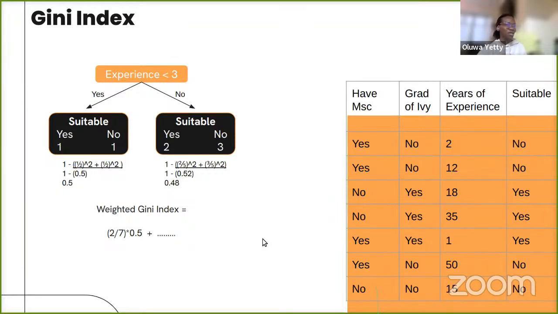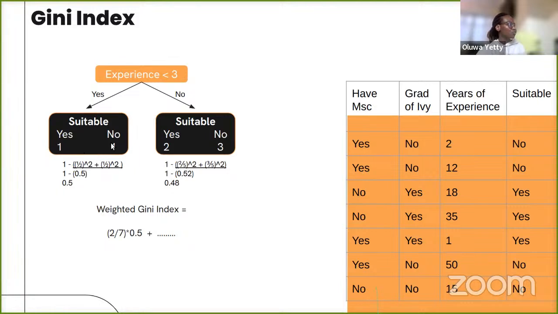We are actually way past time, but I'll try and go over it again. I believe you've understood up until this point, right? So the weighted Gini index moves to the next level: when the experience is less than 3, how many suitability we had under that.